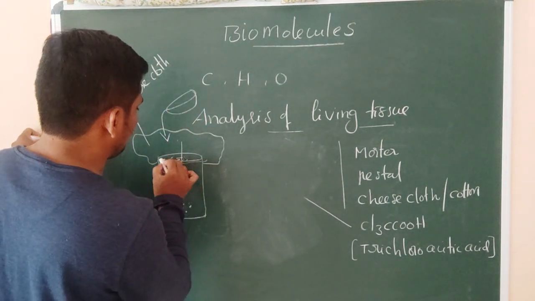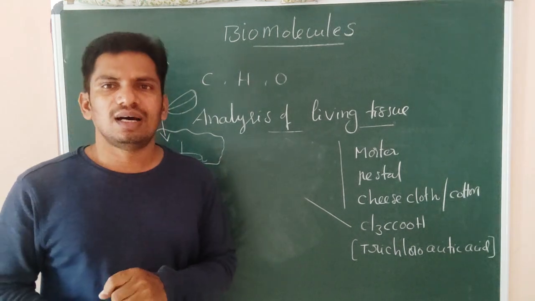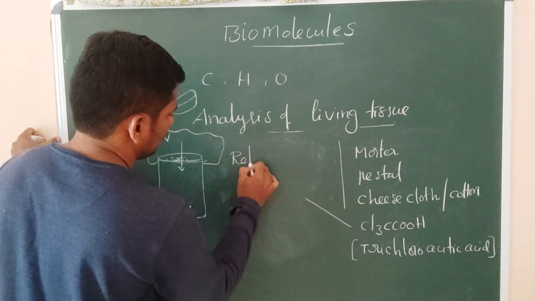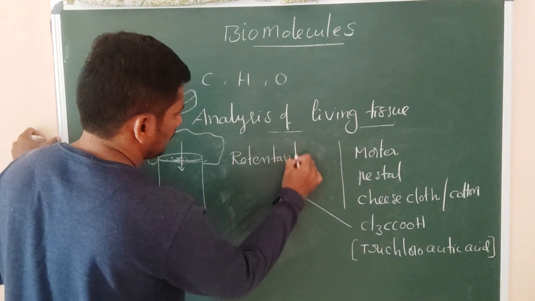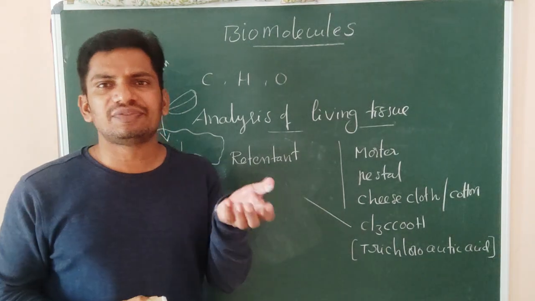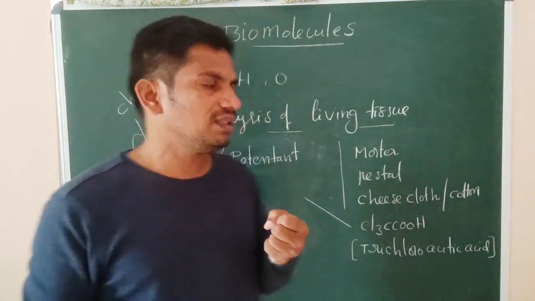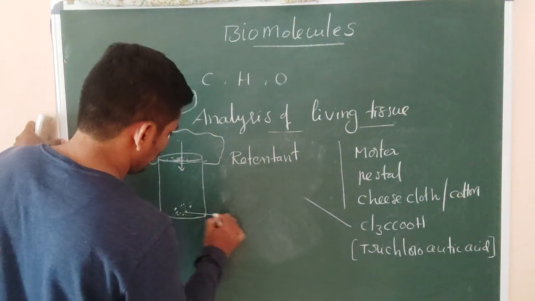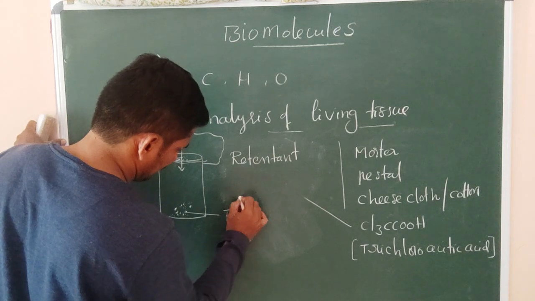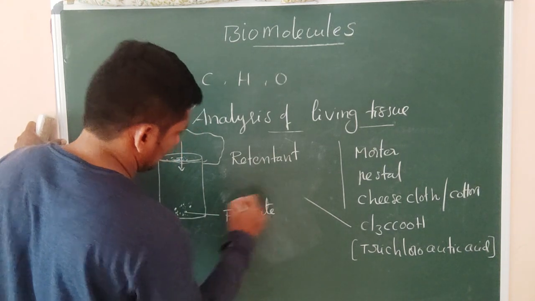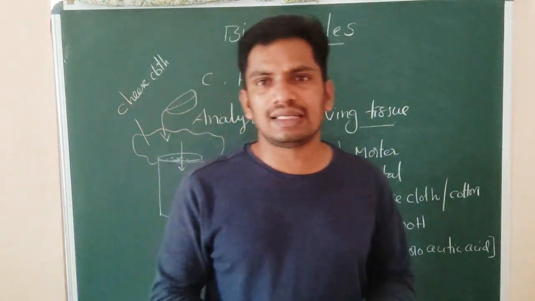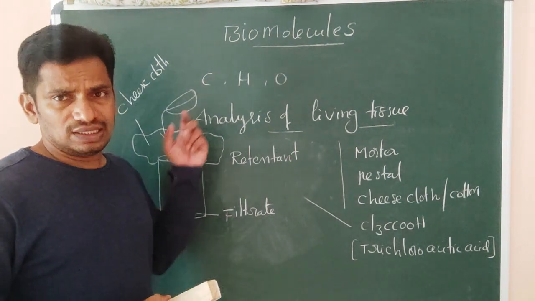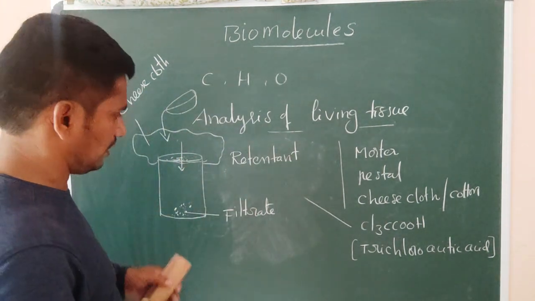The first fraction, which is left over the cotton or cheesecloth, is known as the retentate. This cheesecloth holds the retentate. Here is the filtrate and the retentate, the two components obtained after filtering through the cheesecloth or cotton.